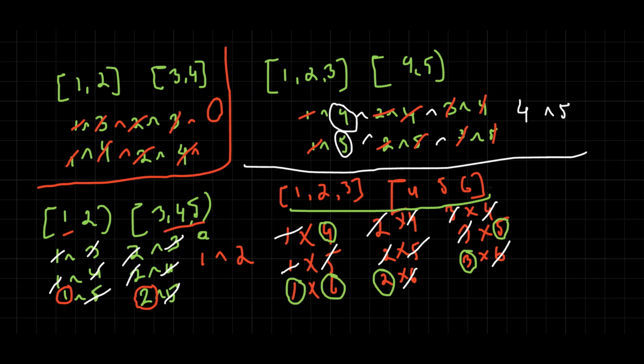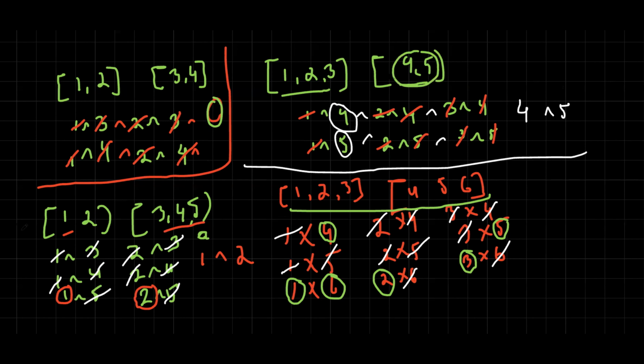We have to simply deal with the length of the arrays. If both lengths are even, the output is 0. If the first array length is odd and the second array length is even, the output will be the XOR of all of the elements in the second array.